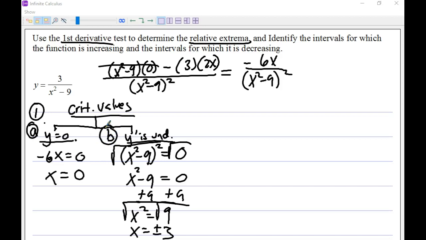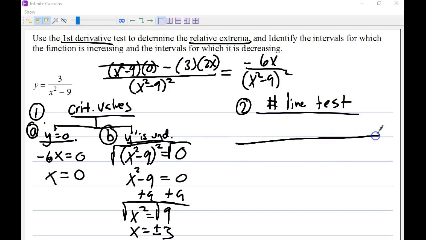All right. The next thing you're going to do is your number line test. We have a negative 3 critical value, a 0 critical value, and a 3 critical value, which gives us 4 intervals of interest.